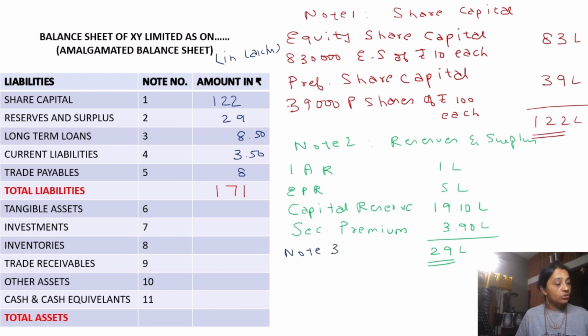Note 3. Now check the second opening entry. You have to take all the assets which are tangible, like land and buildings, plant and machinery, furniture and fixtures. So we take all these 3. Land and buildings you have 40 lakhs 50,000.